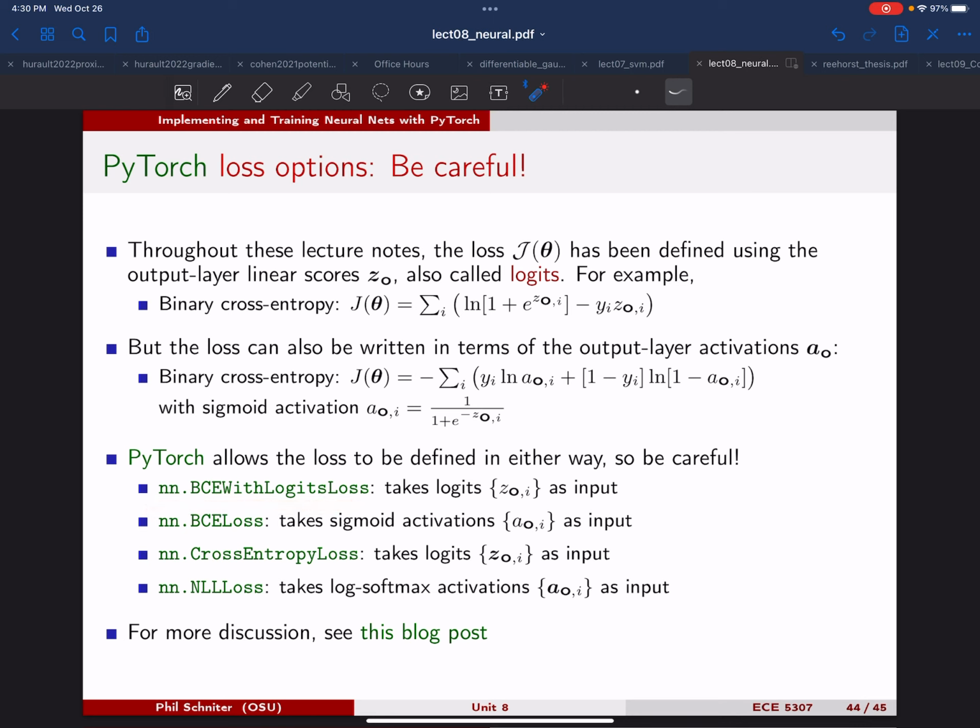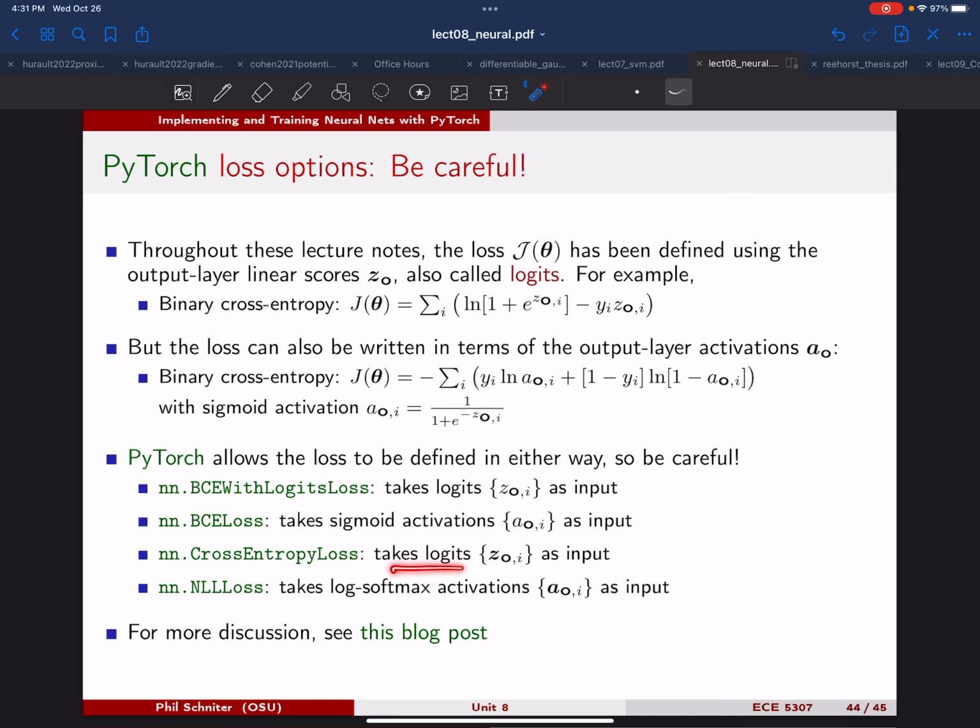On the other hand, if you have a sigmoid layer in your network and you output the A's and you define your loss with the A's, then you have to use BCE loss. If you get them mixed up, your performance will be terrible because the loss is completely wrong. So just remember that you have two choices here, but whichever you choose, you have to make sure to choose the right loss.